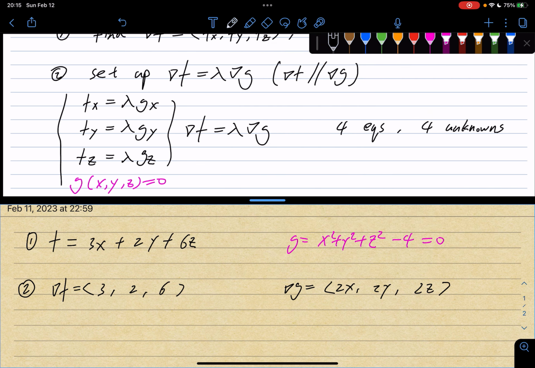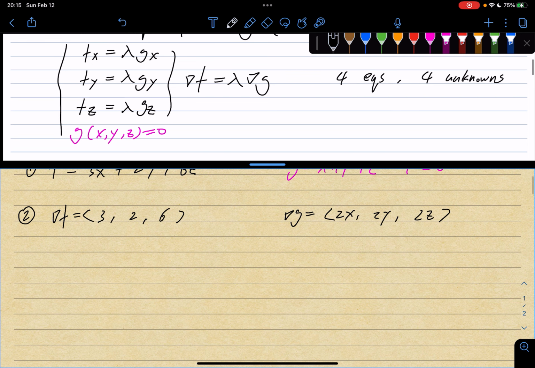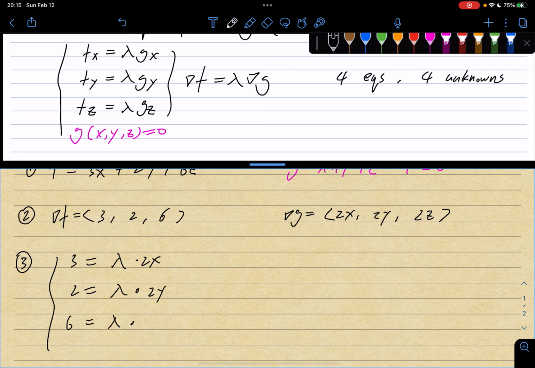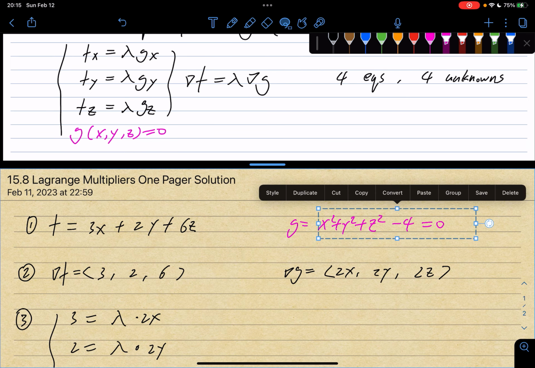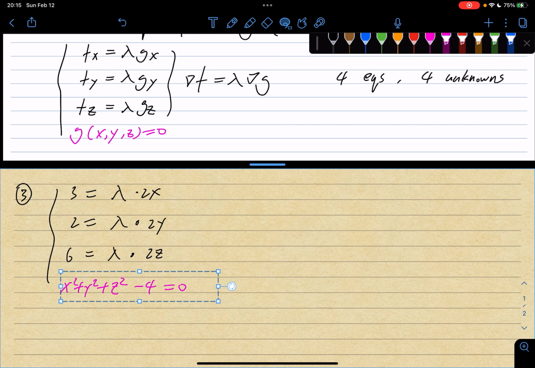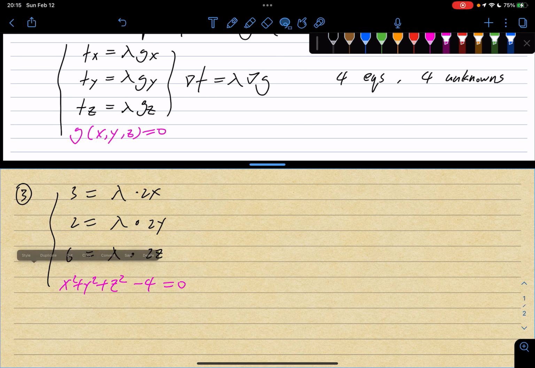So in this case, we're going to apply this third step as 3 equals lambda times 2x, and then 2 equals lambda times 2y, 6 equals lambda times 2z, and then the constraint itself, I'm just going to copy and paste to here. Okay, that's easy enough. So now you have 4 equations, 4 unknowns.